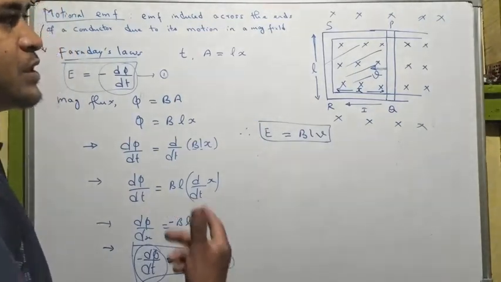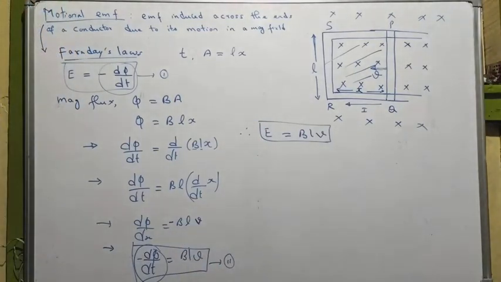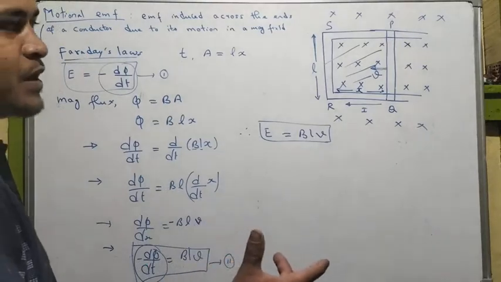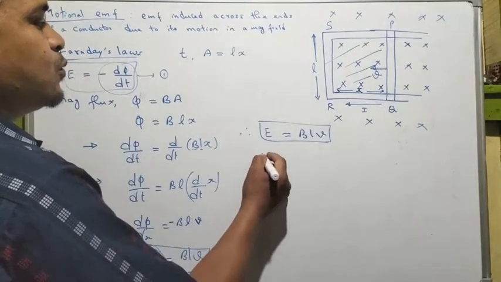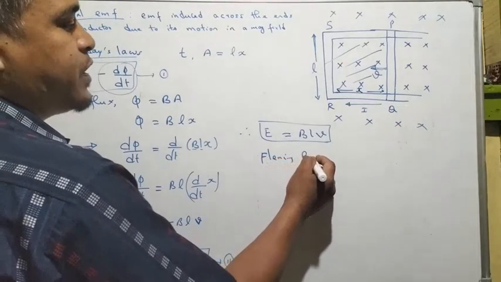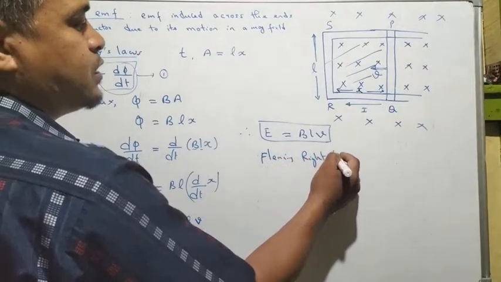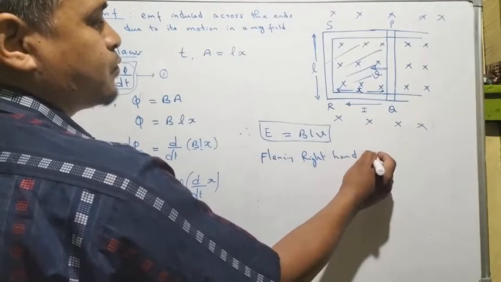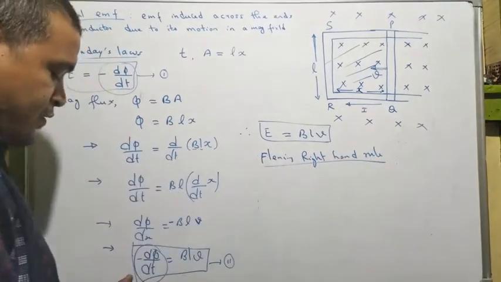And now where is the direction of current? The direction of current here can be obtained by using the Fleming right hand rule.